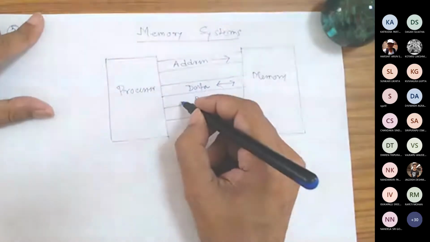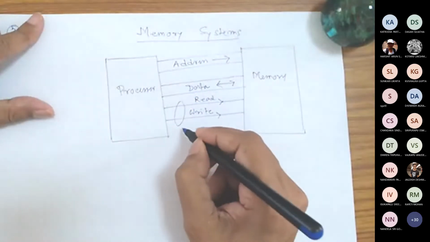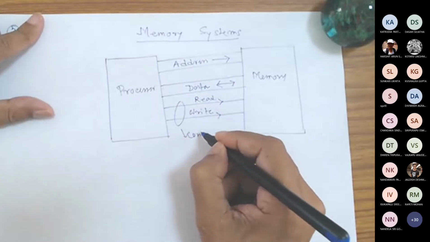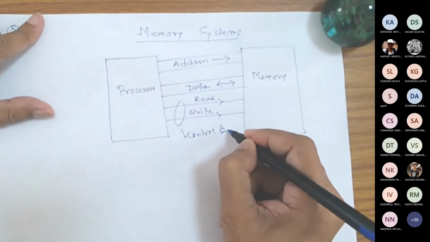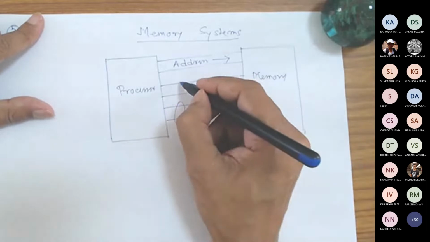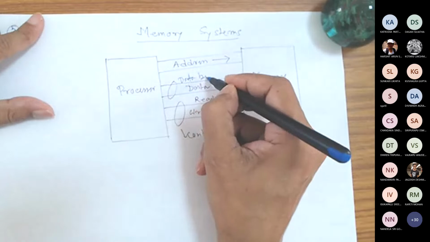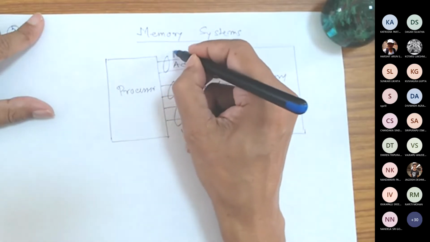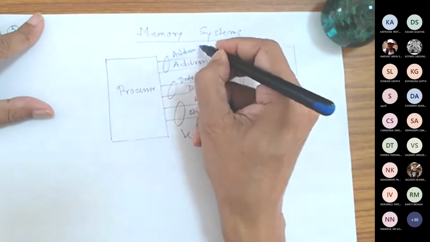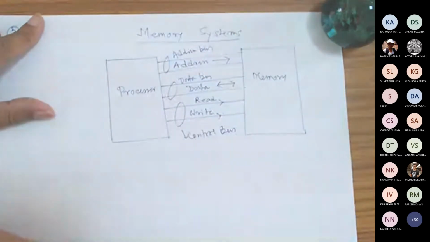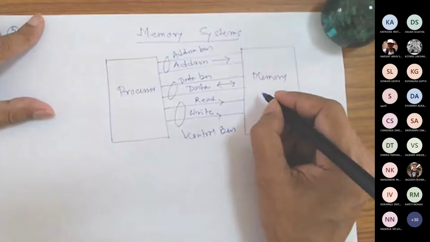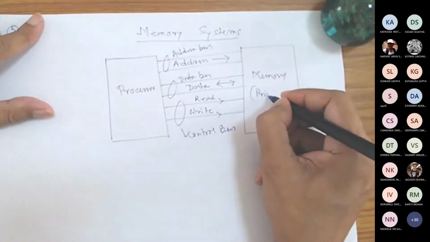So these are the control bus. Part of the control bus, there may be more signals. This is the data bus. This is the address bus. Okay. Now, when we talk about this memory, we are talking about primary memory.